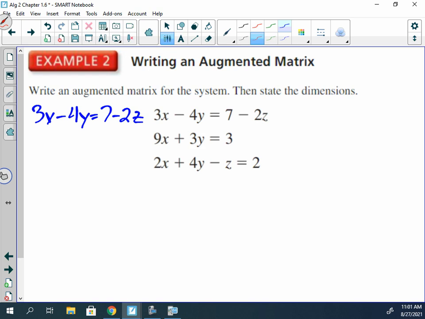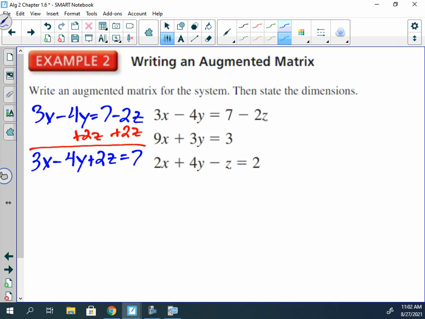So what can I do to get the 2z to the other side? We just need to add it to both sides. So 3x minus 4y plus 2z is equal to 7.